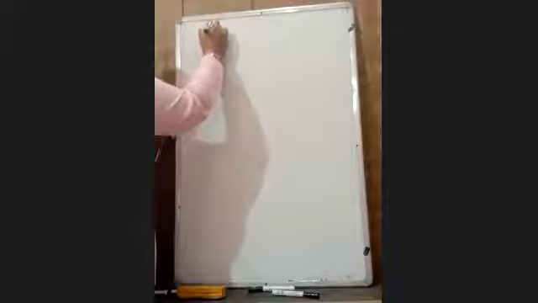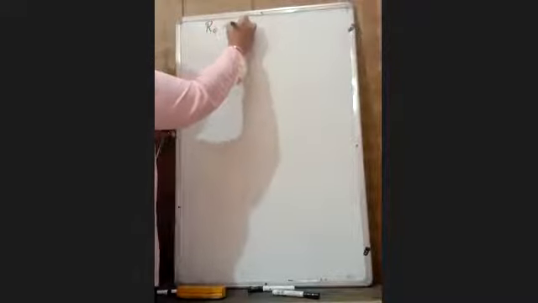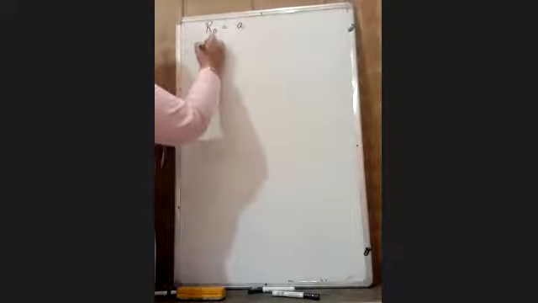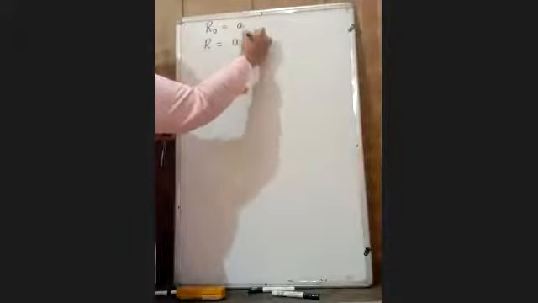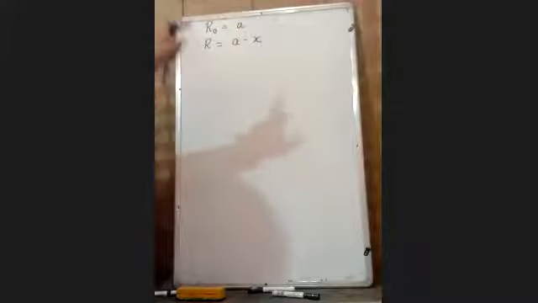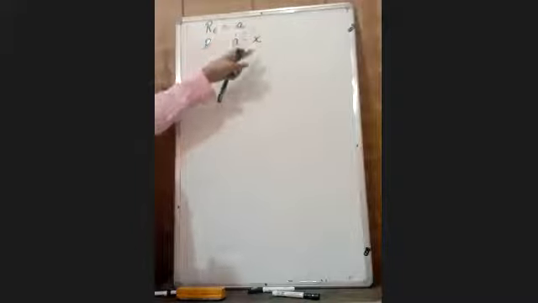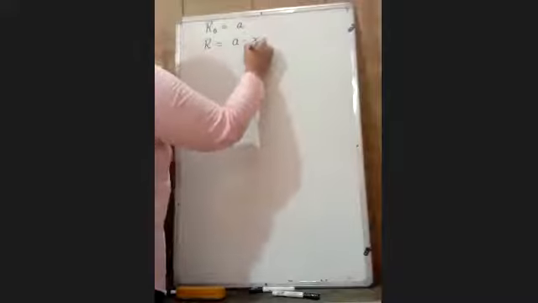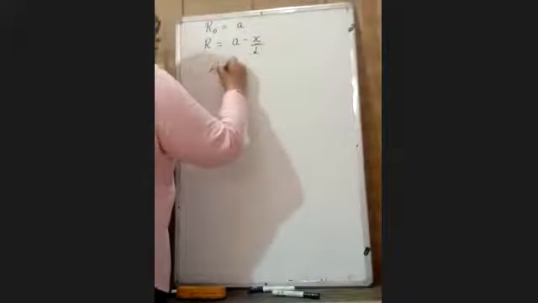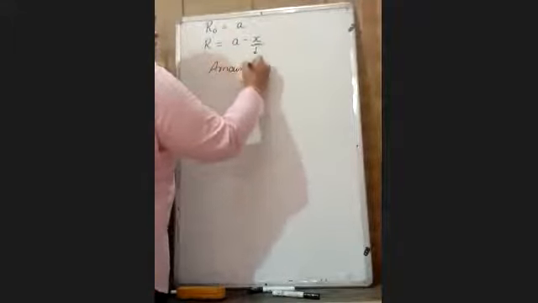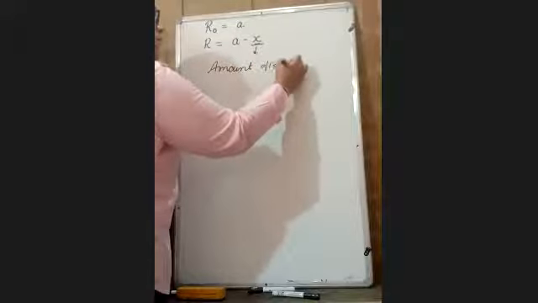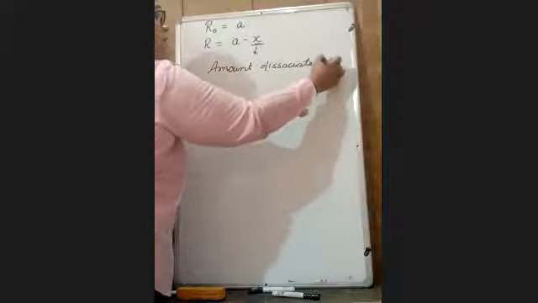My dear students, I am writing R naught as A and R as A minus X. What is X? A is your initial concentration and X is the amount dissociated per liter.